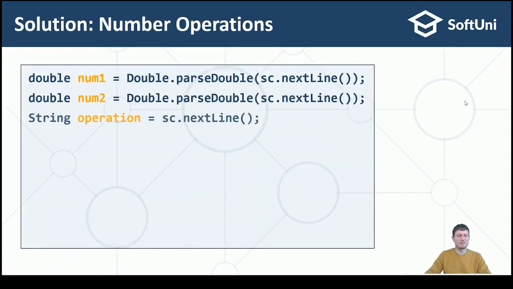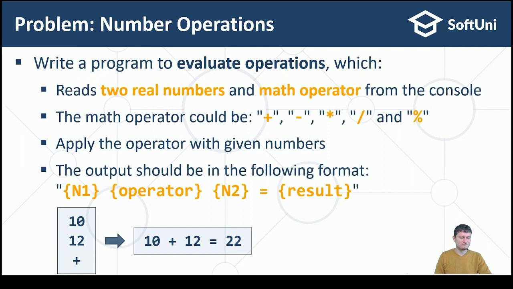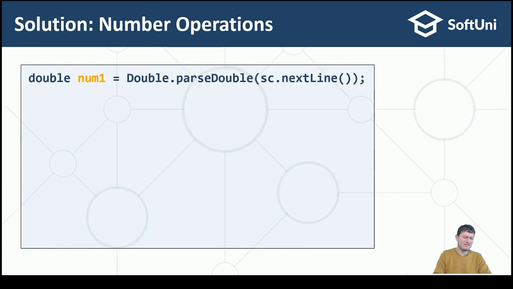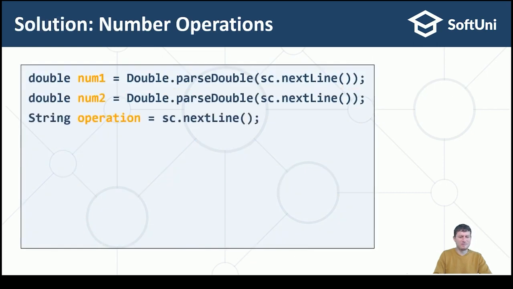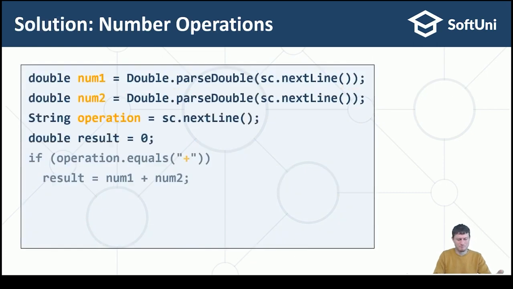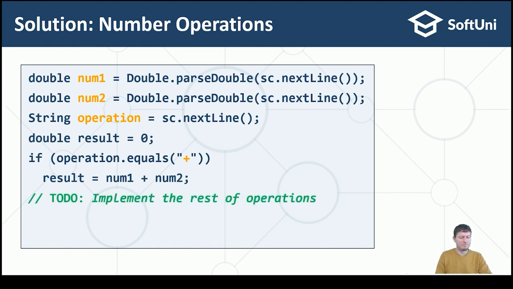So let's go ahead with the solution I had in mind before the start of the... oh, but the operation is last. 10 plus 12, the operator is last. Okay, we can change the order. Here, if we have plus, we calculate the result.